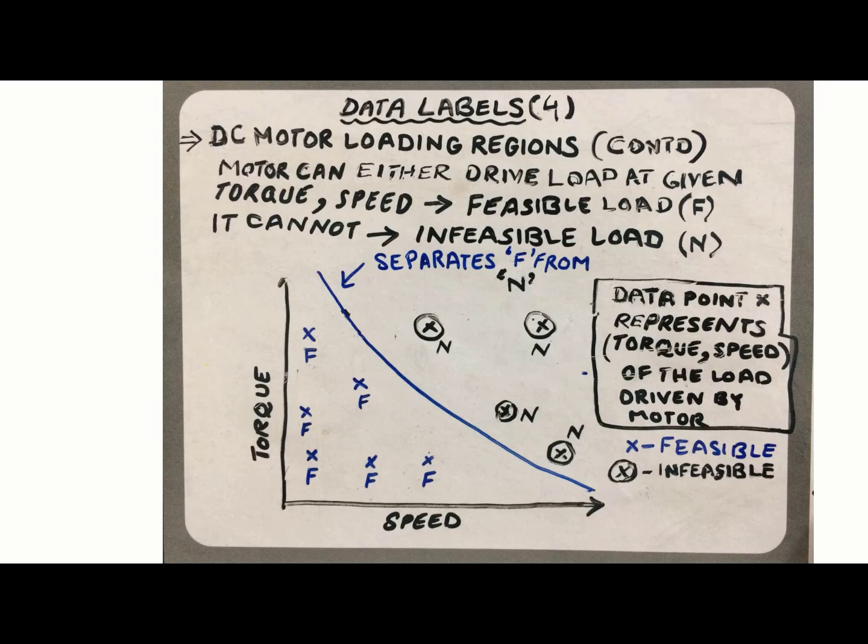So this vertical difference again. Similarly, the encircled data points represent infeasible load because they represent values of either torque or speed or both, which the given DC motor cannot achieve. So this boundary is very insightful. It is splitting our data set into feasible and infeasible load data points.